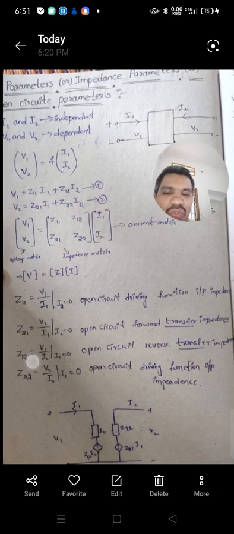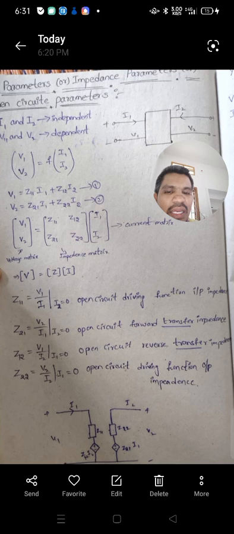Z12 is equal to V1 by I2 upon I1 equal to 0. That means the input voltage is divided by the output current. So that's why Z12 is also called the transfer impedance. But here you see the input voltage is divided by the output current.